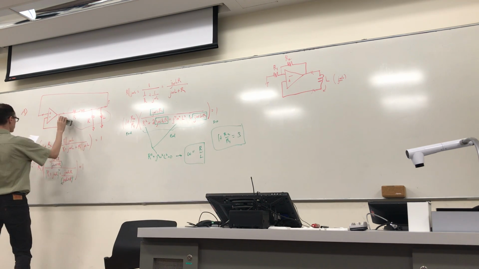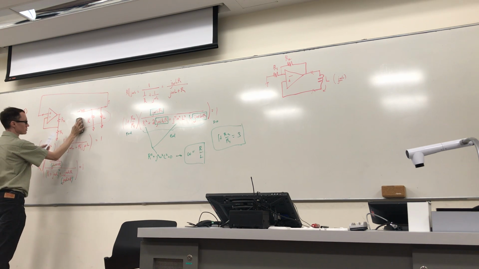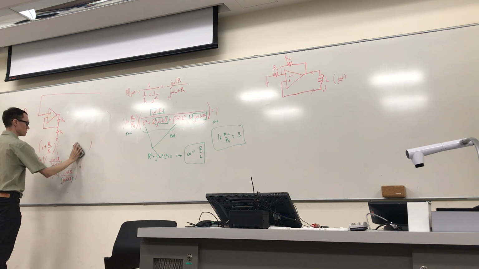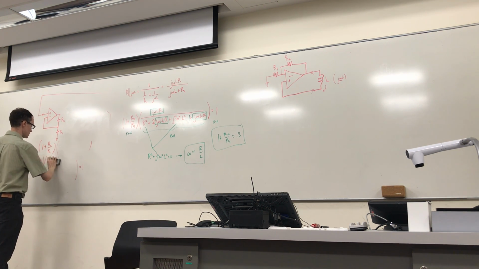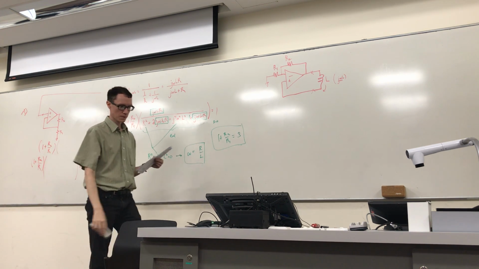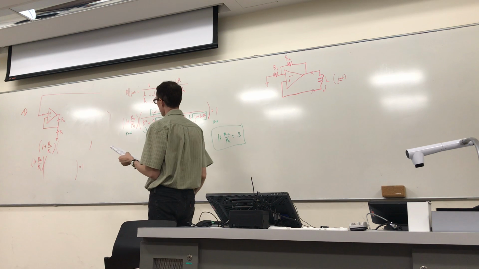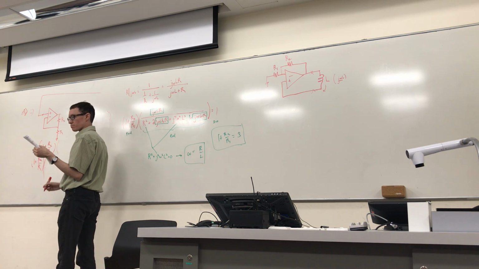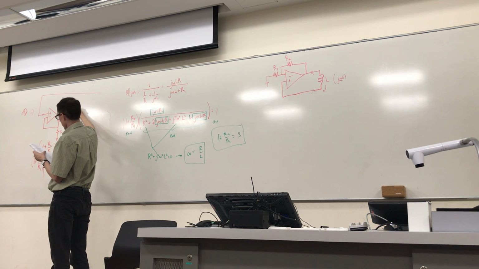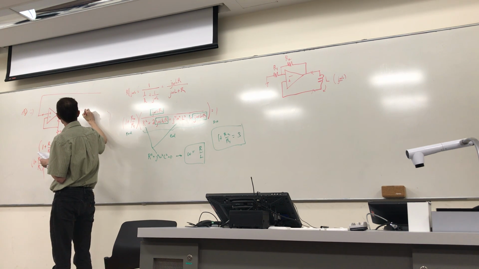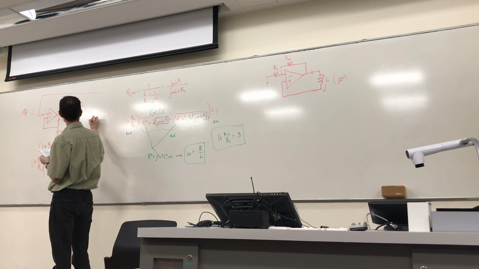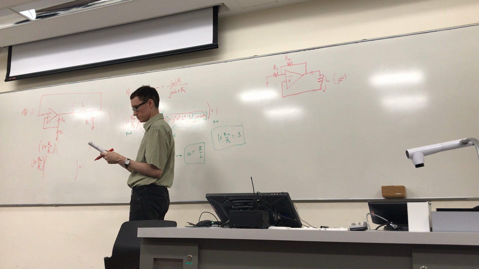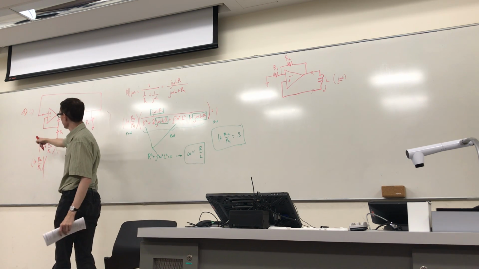Let's look at C. C is very similar to A. Okay, so for C, we've got a capacitor C and an inductor here, and then a resistor R. So the gain through the amplifier is still the same right here.